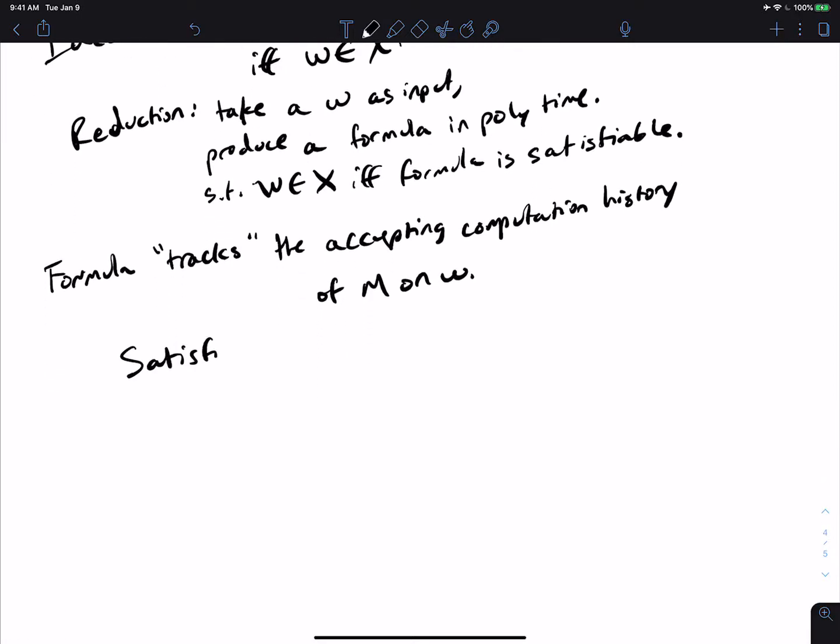It is satisfiable if and only if there is such an accepting computation.